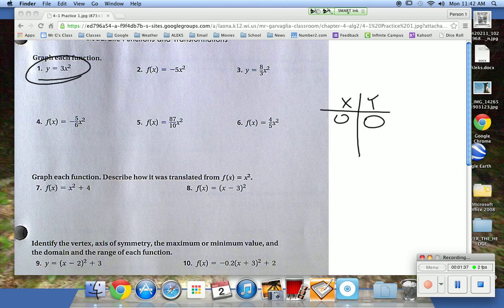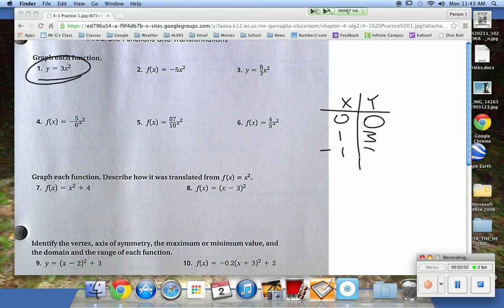If I put 1 in for X, what's going to be my Y? 3. 1 squared is 1 times 3 is 3. If I put a negative 1 in for my X value, negative 1 squared is 1 times 3 is 3.